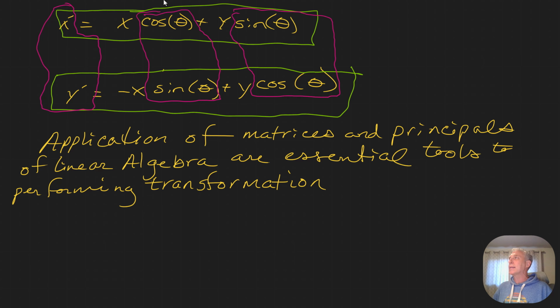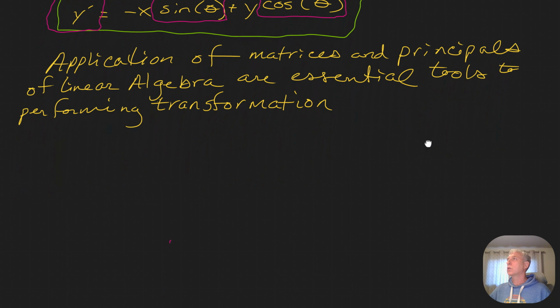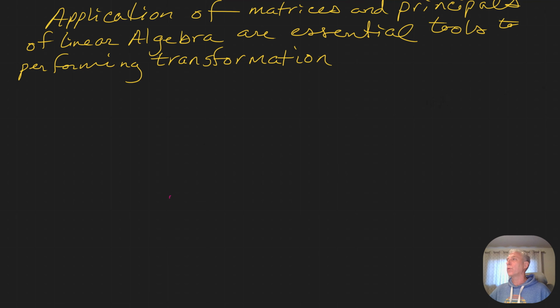It kind of starts looking like we can form some matrices to get those results. And we want to do that because oftentimes we are performing transformations on hundreds of points. So we don't want to do those one by one. We want to have a way of performing the transformations all at once of all the coordinates. And that's what matrices do for us.